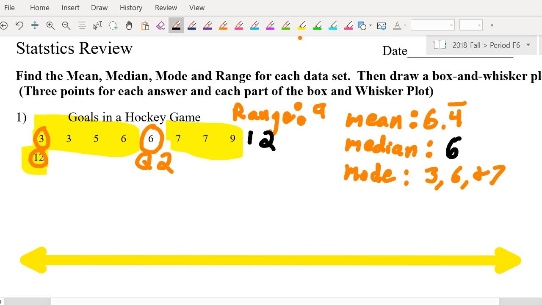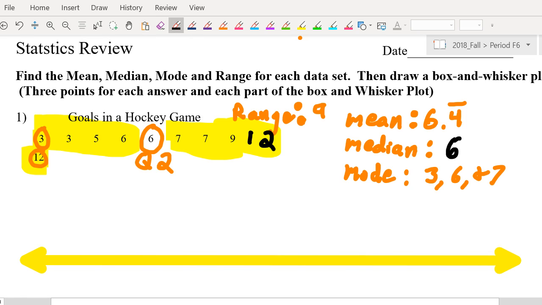All right, who wants to help us out on this? Jeffrey, please. Okay, so who can help us out? Go ahead, young lady. So we need to find the greatest and least numbers, which is 3 and 12.